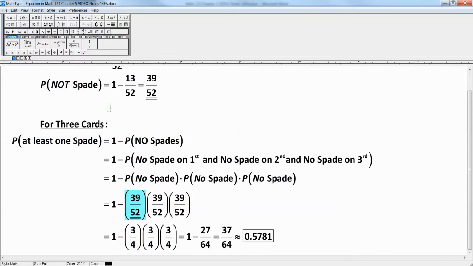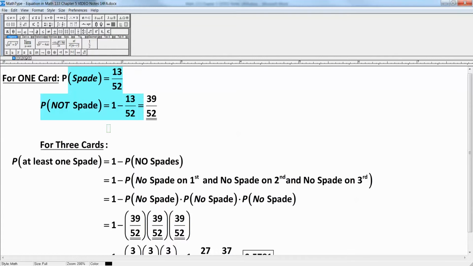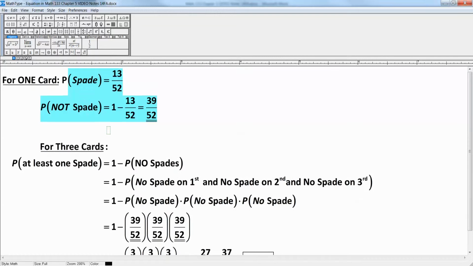So I'm using the same logic that I found up above for each of these individual cards. Each individual card I don't want to be a spade. That means collectively it's 39 out of 52 for the first one, 39 out of 52 for the second one, 39 over 52 for the third one. And that's because each individual card has this probability working for it right here, the 39 out of 52 right there.